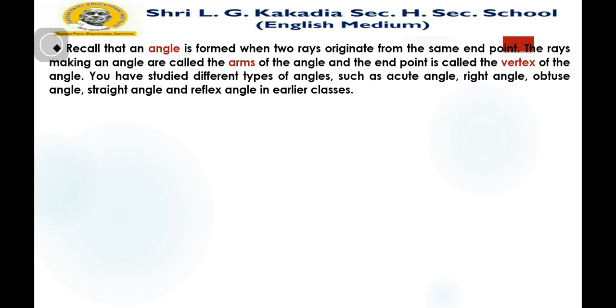You have studied different types of angles, such as the acute angle. Which one is an acute angle? When the given angle is between 0 degrees and 90 degrees, it is known as an acute angle.